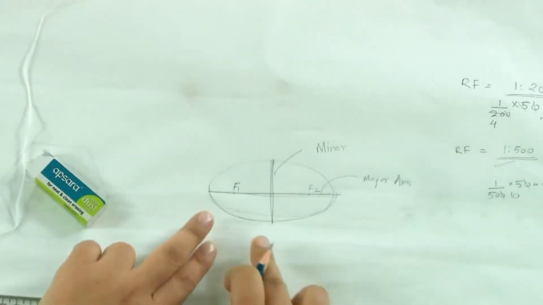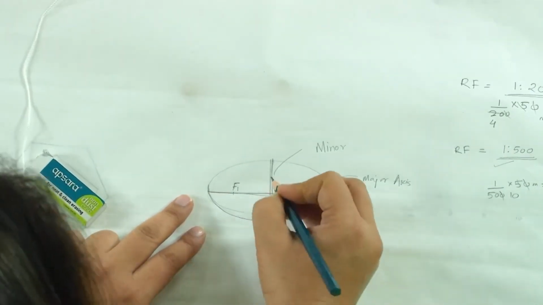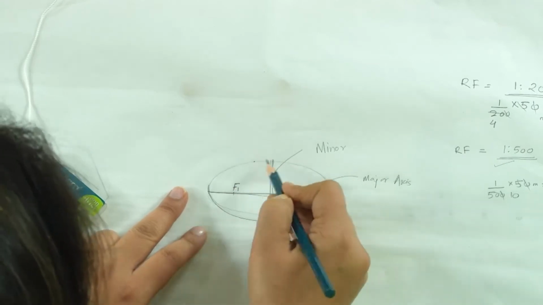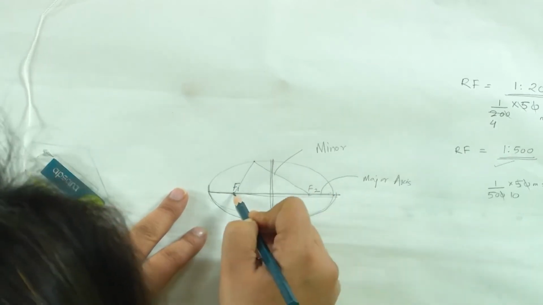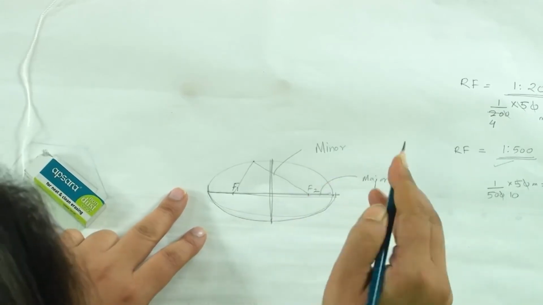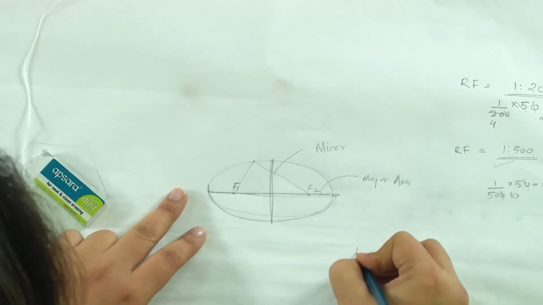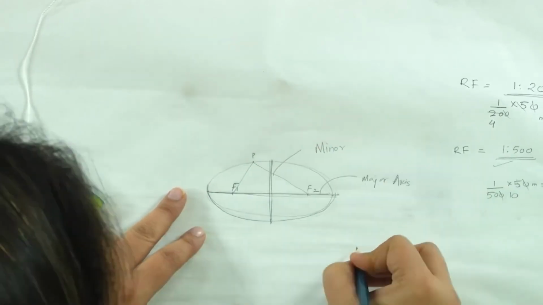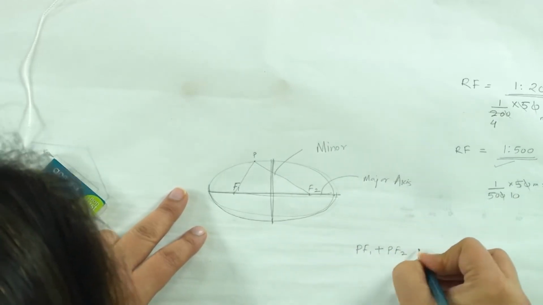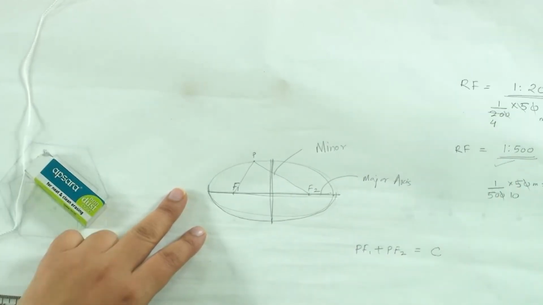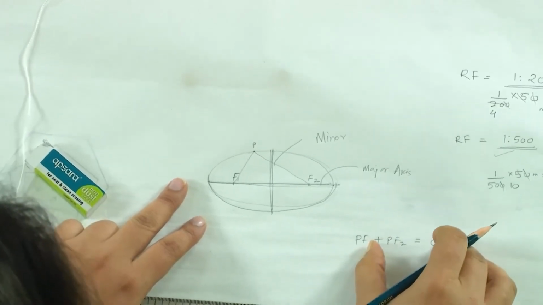So, this curve which is ellipse is generated when any point moving on the ellipse has the sum total of its distance from the two focal points the same. So, if you want to tell what this ellipse is, it is actually the path traced by a point P when PF1 plus PF2 is constant. It is a fixed number, it is a fixed distance.